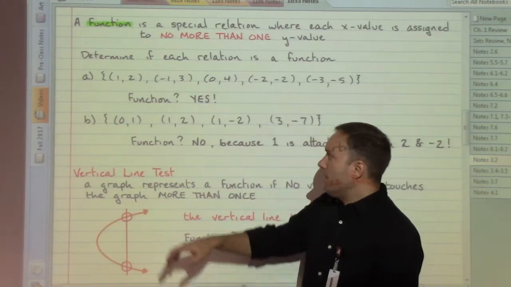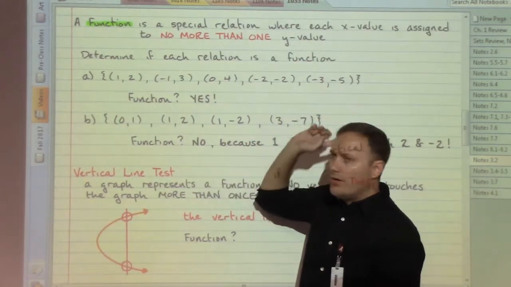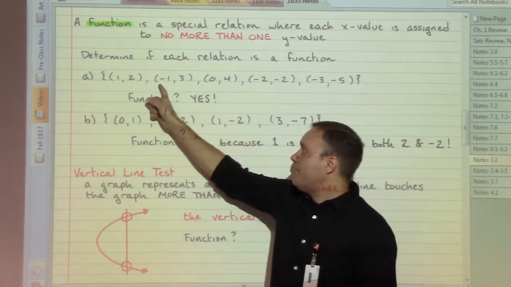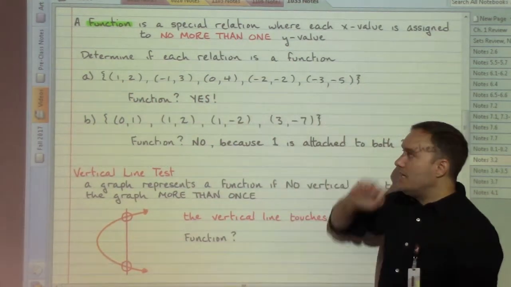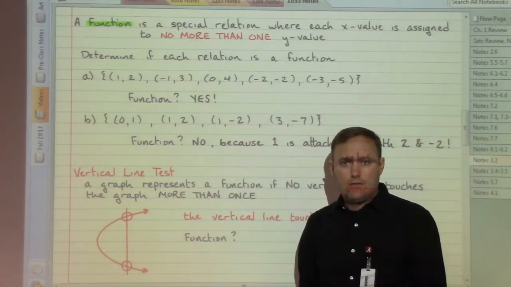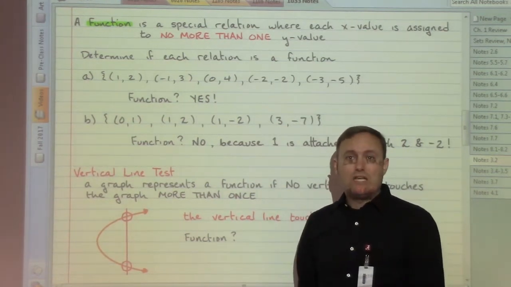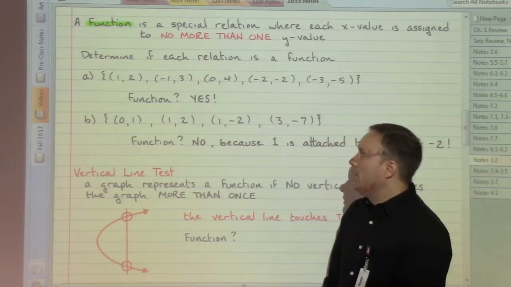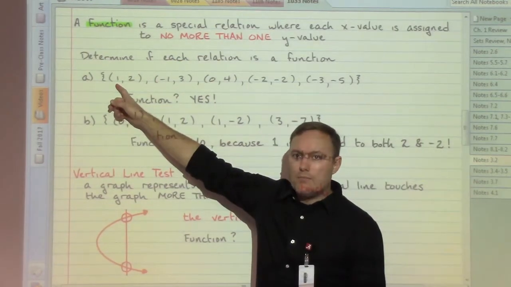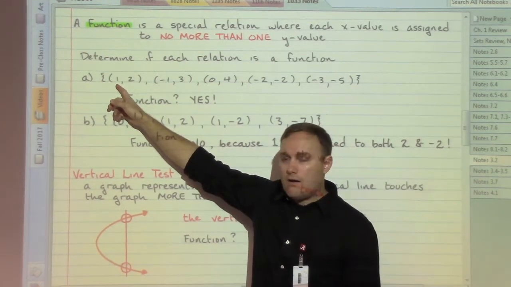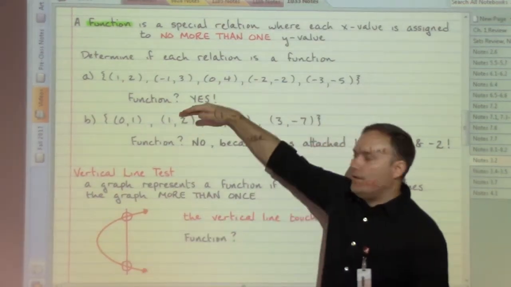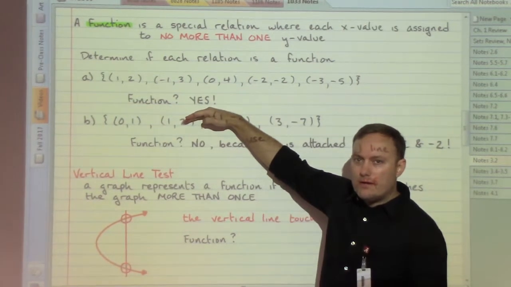Let's kind of look at that back with the first example here. There are a lot of other numbers that we didn't have showing up at the front half of our pairs. For instance, we didn't have a 10 that was paired up with anything. So the 10 would be considered single. The 10 is not attached to another number. It's single. That's allowed. The fact that the other numbers in the front of each pair only are attached to one other number is the other part that we've got to worry about here.